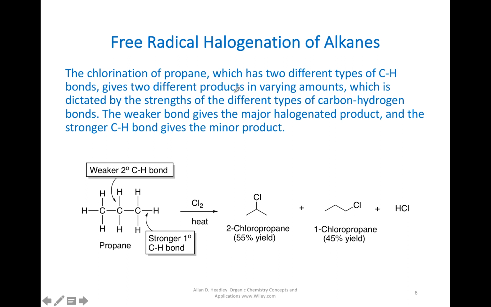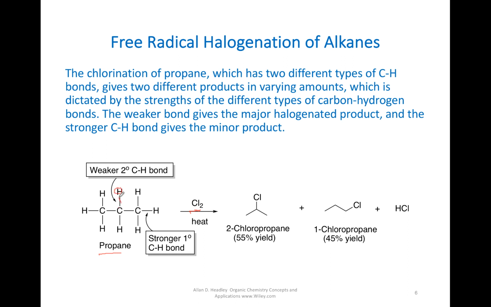Let us look at this reaction here, the reaction of propane with chlorine, in a little more detail. Drawn out, given the expanded structure, you can see here this carbon is bonded to a hydrogen.